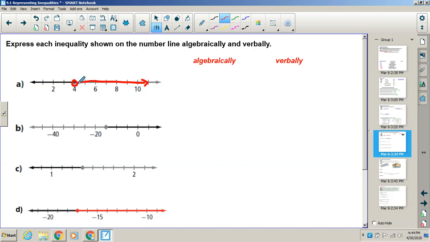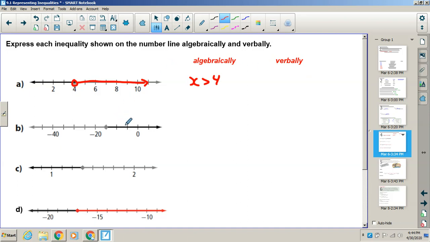So again, this is an open dot, so 4 isn't a part of this, but it's anything from 4 and bigger. So here, this is going to be x is greater than 4. That is the inequality based on that graph. Verbally, that's x is greater than 4. I will write that up.